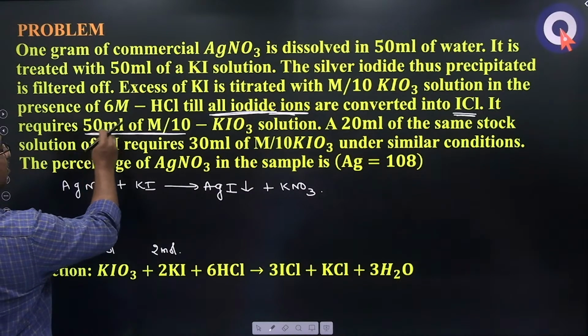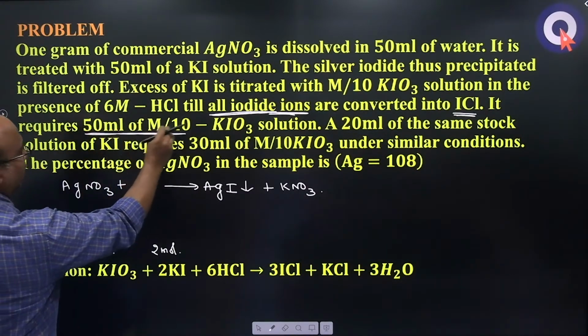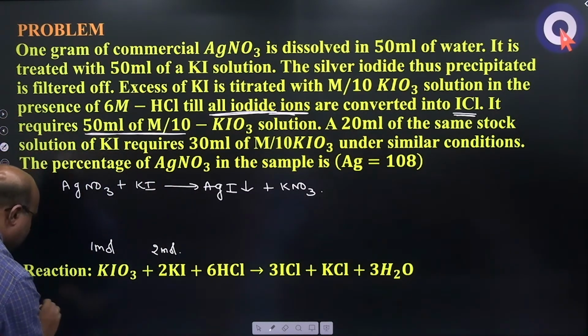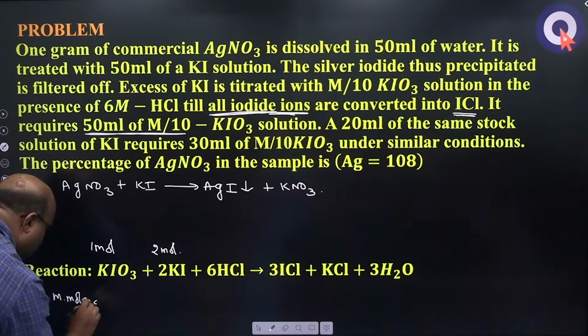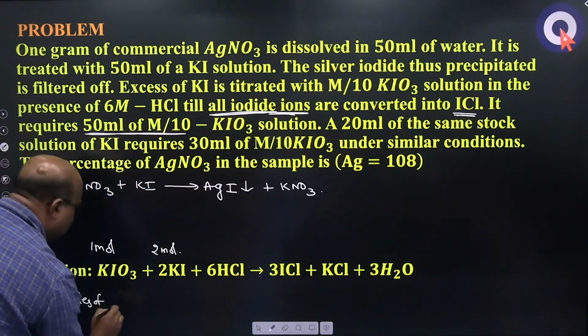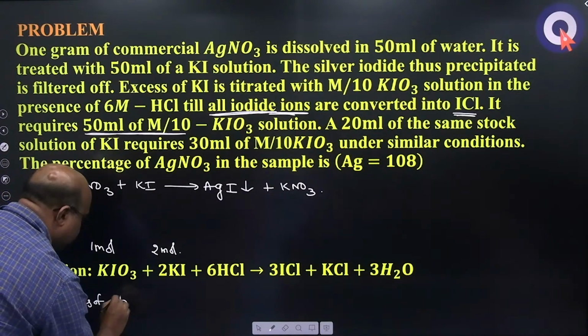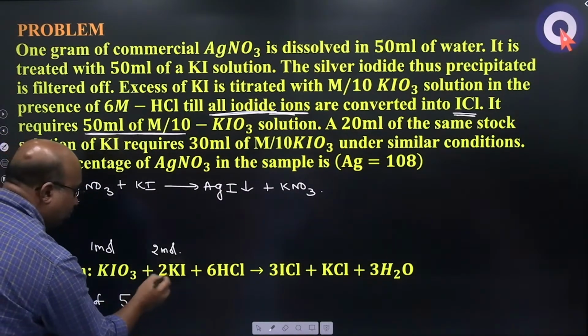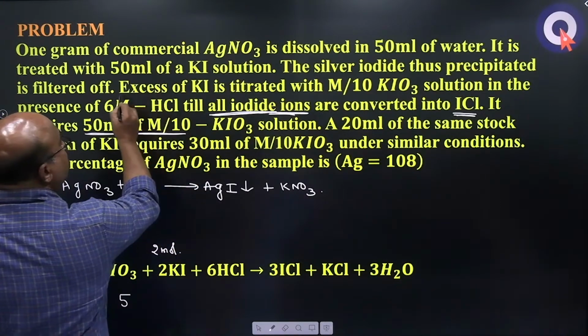Let us say 50 ml is there, M/10. Suppose millimoles of KIO3: what is the millimoles of KIO3? 50 into 0.1, that is nothing but 5. So how many millimoles of KI has to react? Even if we take excess.